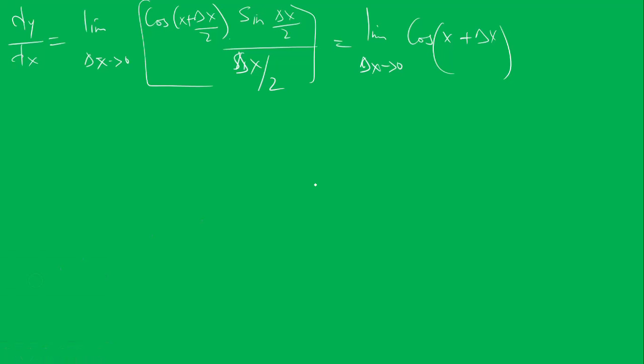The limit is supposed to be only on this, and then times the limit of delta x tending to 0 of sine of (delta x all over 2) divided by delta x all over 2.